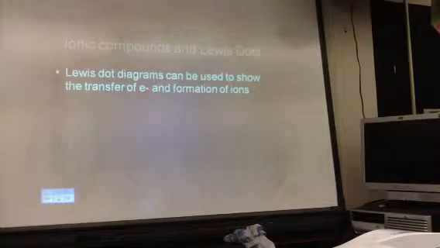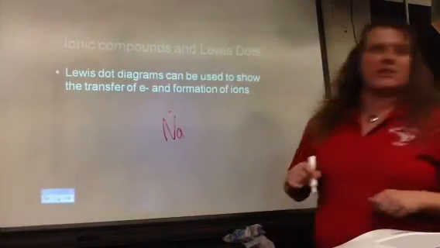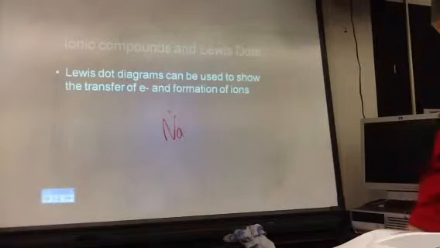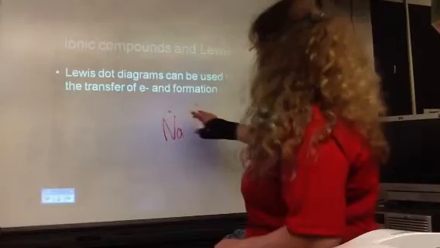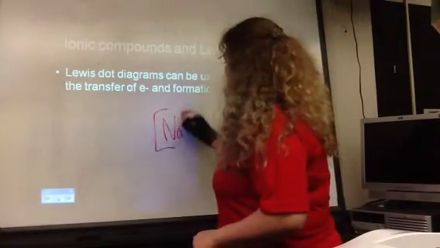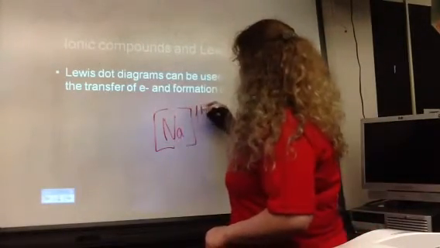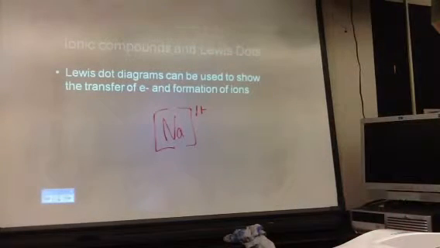So if we go back to our old friend sodium chloride, there was our Lewis dot diagram for plain old sodium, right? If sodium gives up that valence electron, it's now a sodium ion. And that's how we would show a sodium ion, sodium 1+.